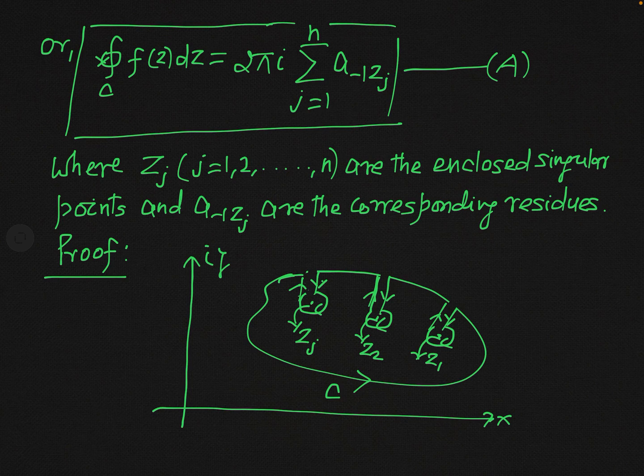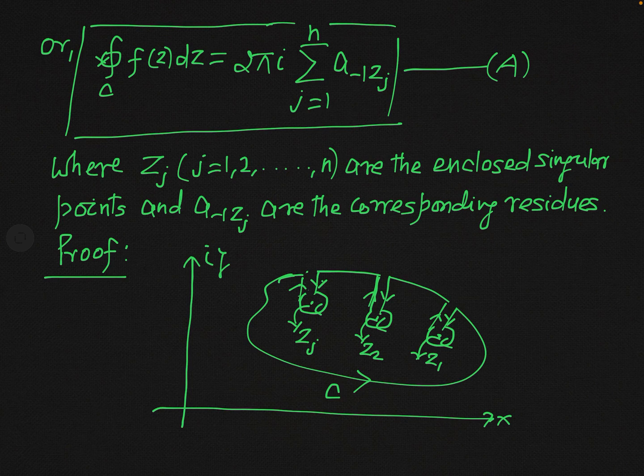You have already studied the isolated singularity. It means when we enclose these points z1, z2 and so on, zj, by small circles, taking the points as centers, then these circles will be non-intersecting. They will not intersect one another because the points are isolated singular points.